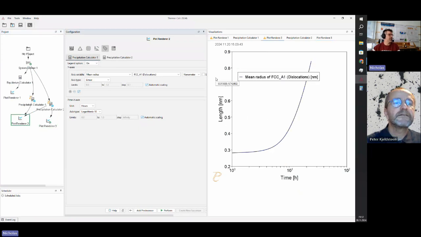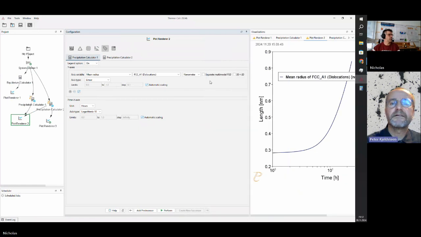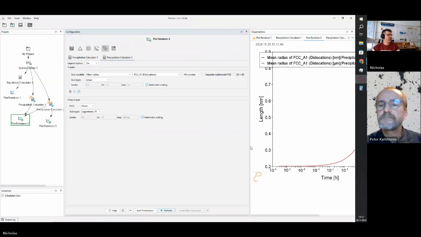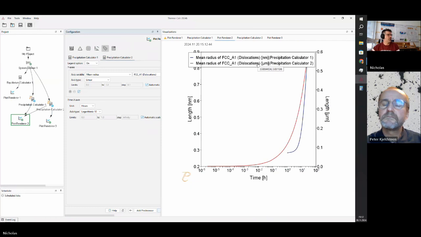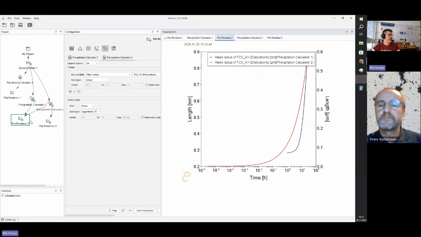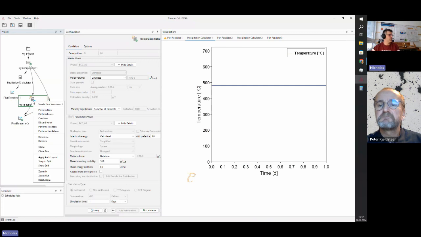So precipitation calculation 1. I've got mean radius, and the unit is as, and in the second calculation, I've got mean radius, and I'll put the same unit of as, and perform. And then they should be on top of each other. Yeah. And now I just have to know which is which, right? And then probably it would be good to rename this.